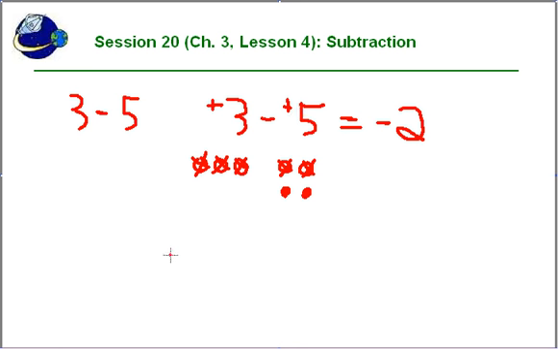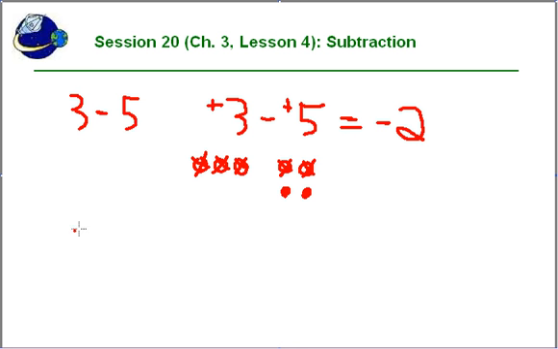So what mathematicians have discovered is that to every subtraction problem, there is also an addition problem that will yield the same answer. The way you do that is by converting the subtraction problem to an addition problem and then changing the number after the subtraction sign to its opposite.